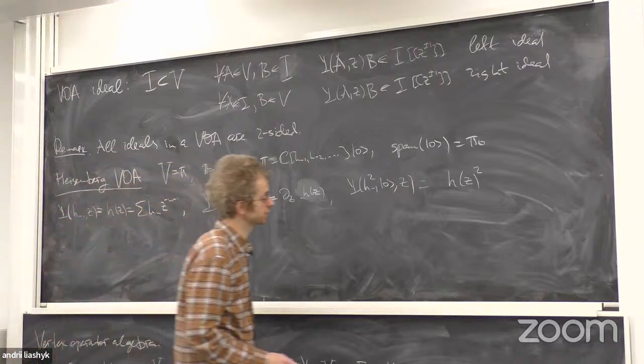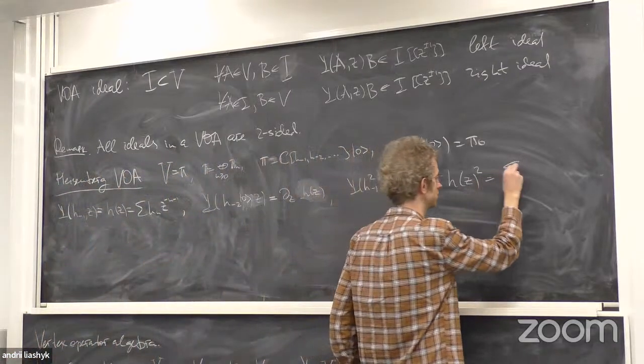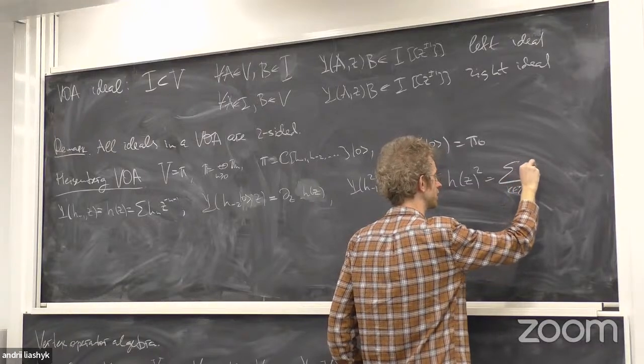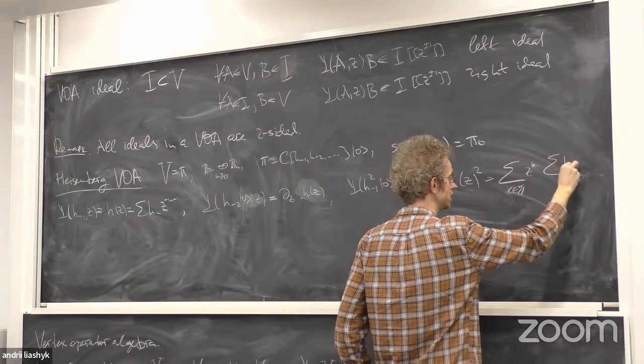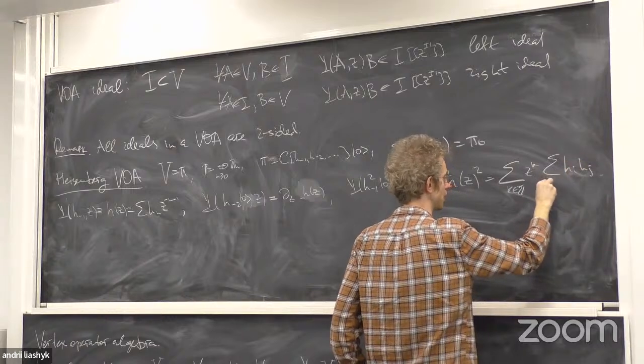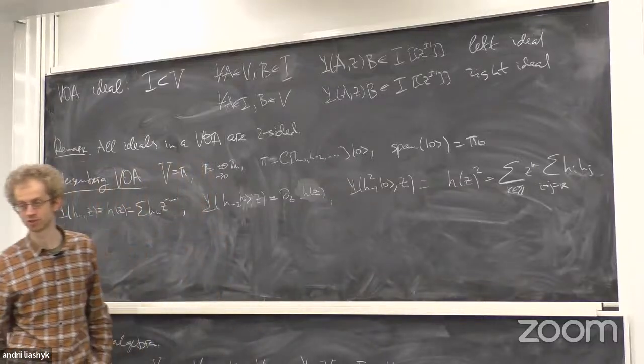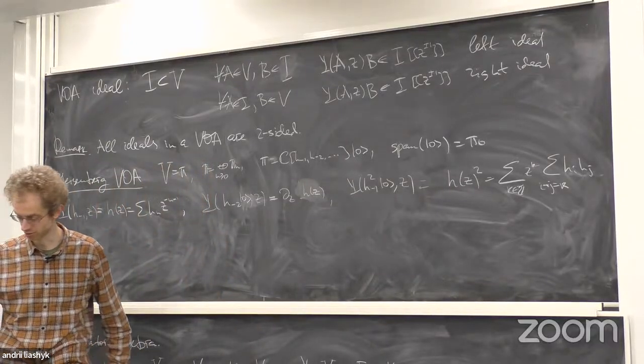Yeah, so in principle, if we write it like that, this is the sum over k, z to the k, and here we put the sum of hi hj, i plus j being k. So by definition, this is this expression.